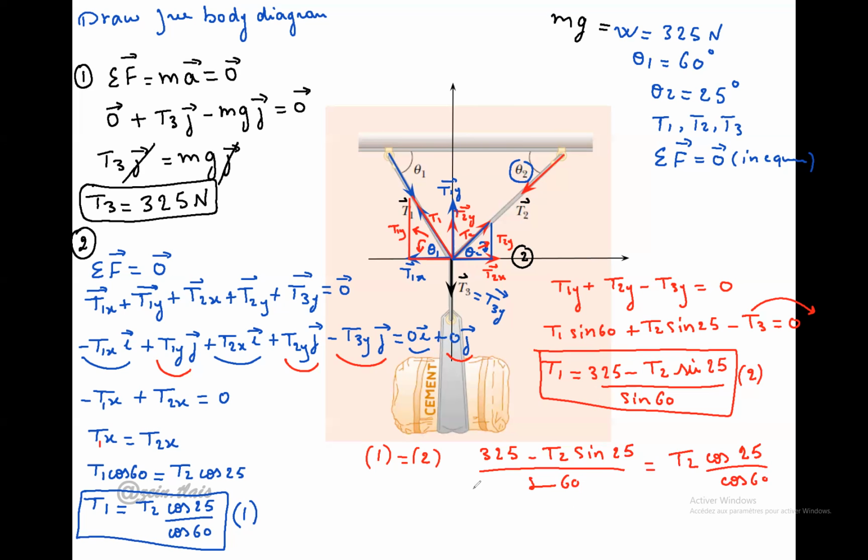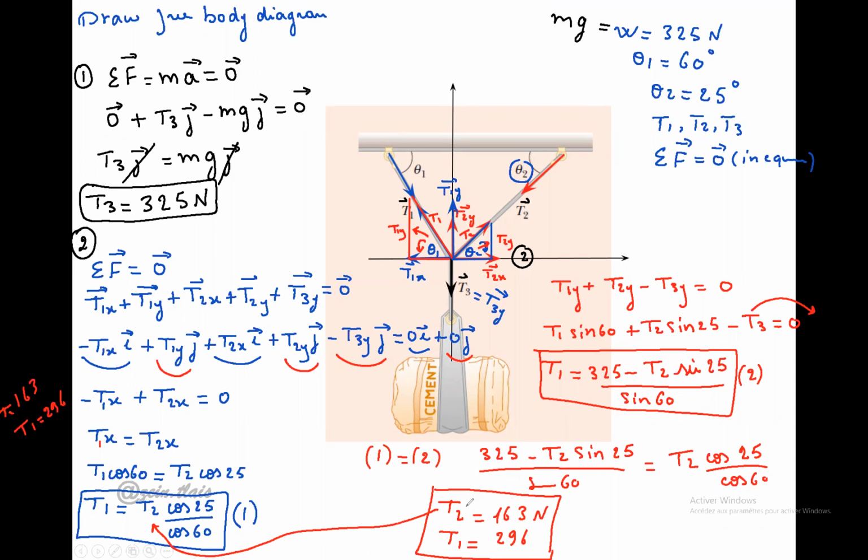So now we can calculate easily T2, which is equal to 163 Newton, and you substitute this value here. For example, you get T1 equals 296, and this is the answer. T1, T2, and here we have T3.